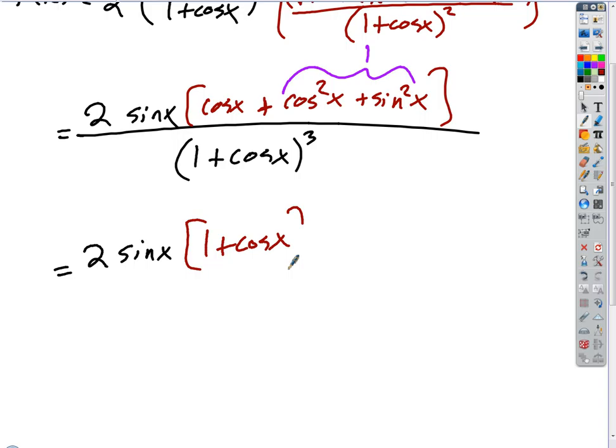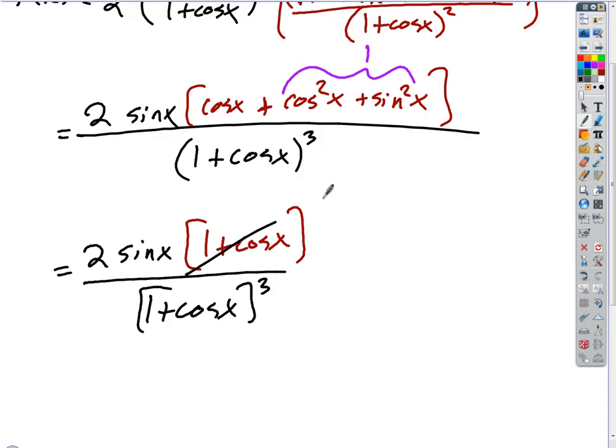Okay, everybody see that? And then we can just cancel one of those, right? And we're done. It's 2 sine x over 1 plus cosine x, quantity squared. Make sense?